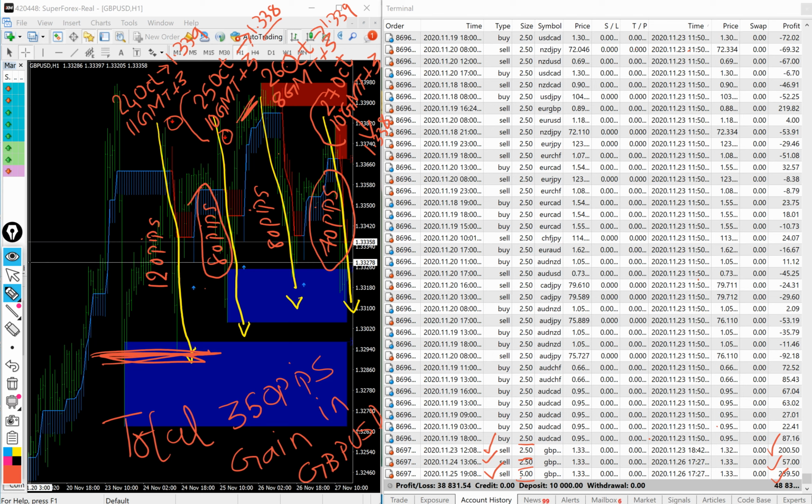We were so sure that GBP is going to fall, because on 23rd November also GBP USD fell from 1.339 to 1.326, and once again here only 120 pips was made.